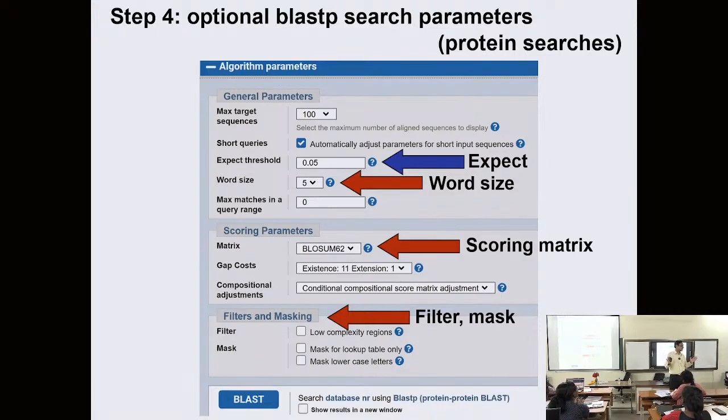Okay, so after large scale comparison, these values have been established for you, so that you can use the default, and you can also check with other values which are provided here. Okay, good. And then filter, mask, and one more thing is here, compositional adjustment, conditional compositional score matrix adjustment, and this is for atypical genomes.